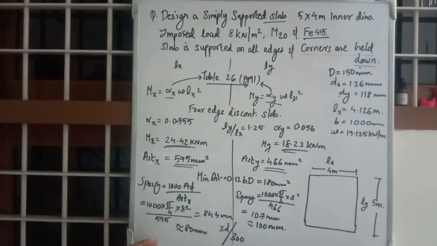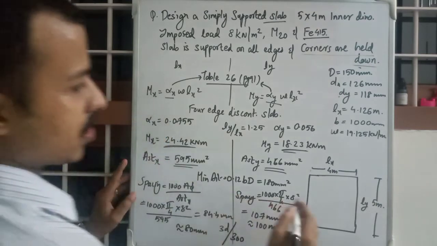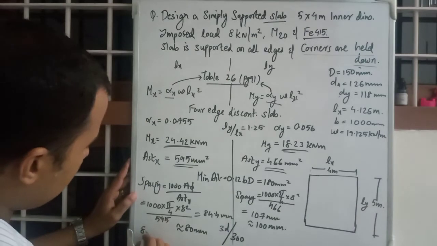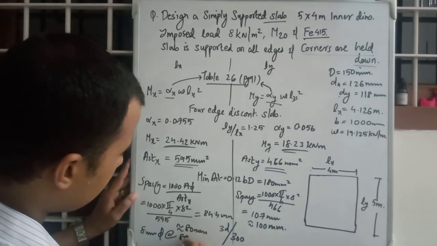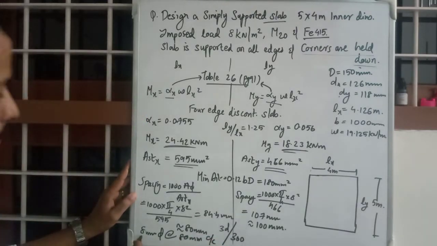Okay, so you have the reinforcement in x direction. In this direction, Lx direction, it is 8 mm dia bars at 80 mm center to center spacing.